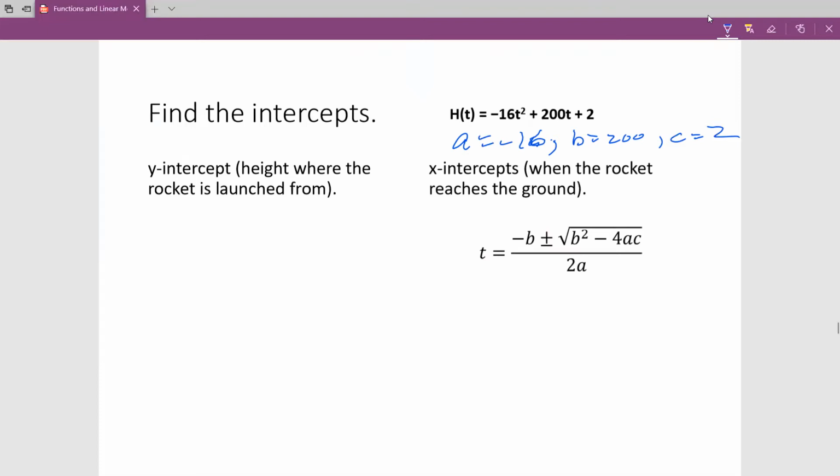So the t values of the intercepts are going to be -200 plus or minus the square root of b squared minus 4ac, which is 200 squared minus 4 times -16 times 2, divided by -32.